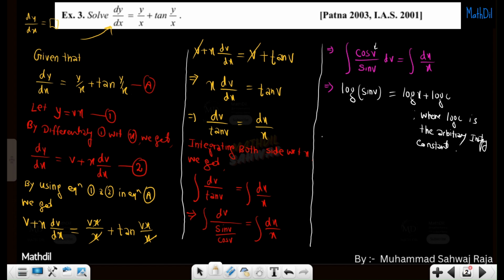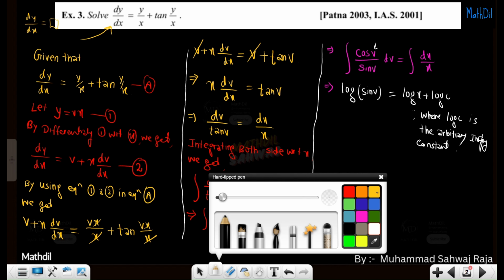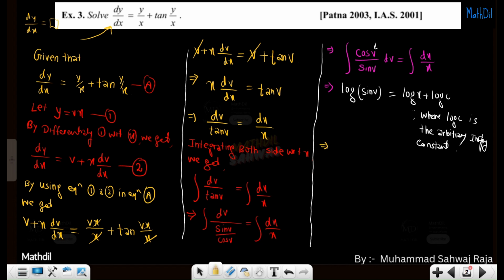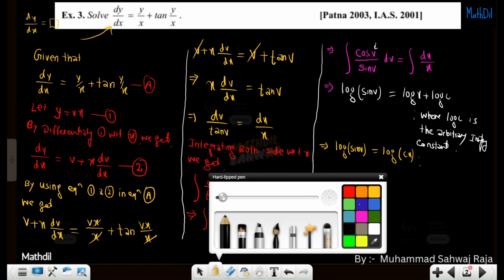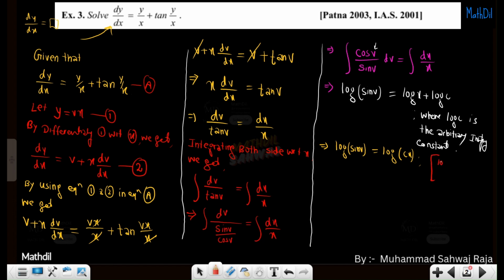So now it will imply that log sin v will be equal to log cx. We get it from here by the property that log a plus log b is always equal to log ab.